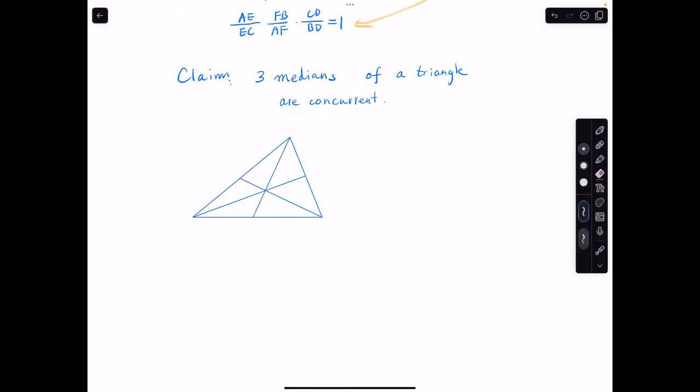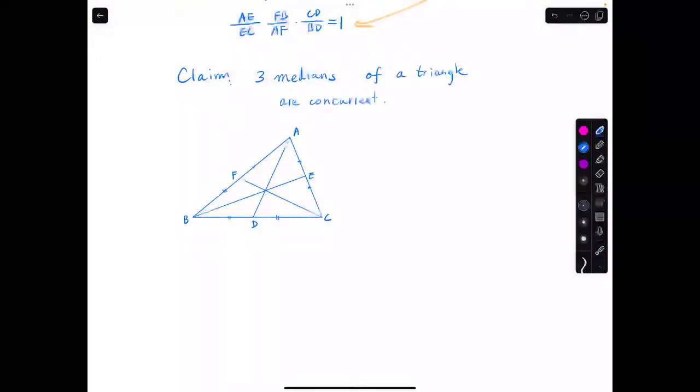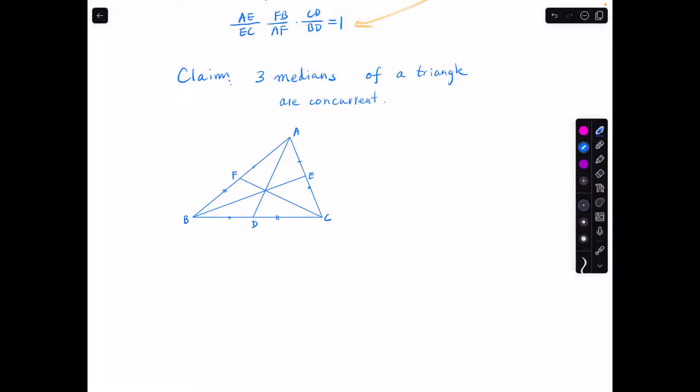So A, B, C, D, E, F. The median means AE equals EC, CD equals BD, and this one equals this one. All the midpoints. Now we prove that they're going to meet at the same point P.